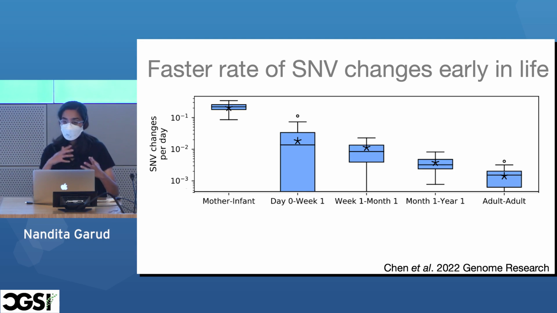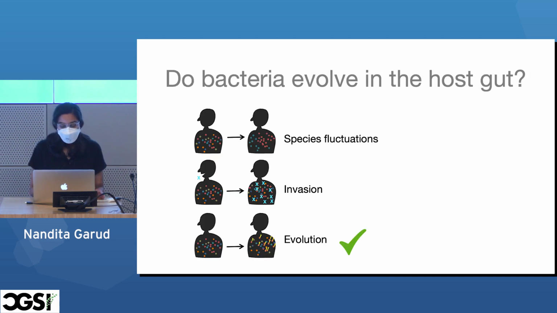Everything's really new as a microbe enters. It's under a lot of pressure to figure itself out, and there's just a lot of loss of species, but also turnover of strains, and also apparently evolution.